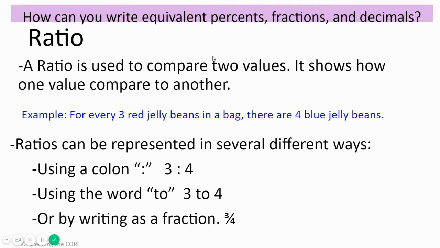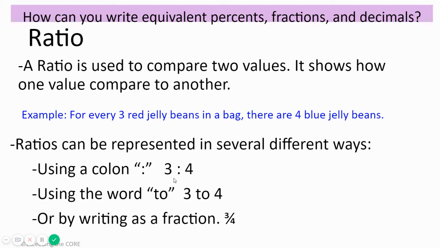So how can you write equivalent percents, fractions, and decimals? You can use a ratio. A ratio is used to compare two values. It shows how one value compares to another. An example of this: for every 3 red jelly beans in a bag, there are 4 blue jelly beans. We can represent this relationship of red jelly beans to blue jelly beans as ratios by using a colon.